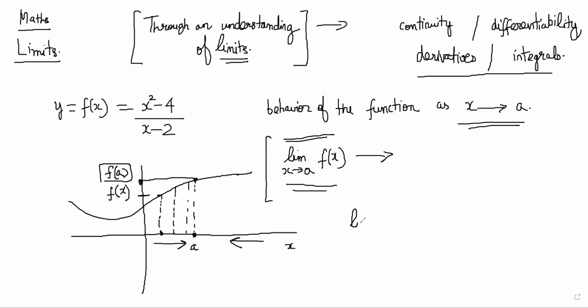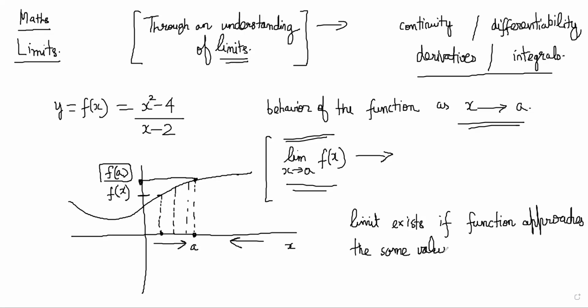So, limit exists if the function approaches the same value as x tends to A from both left and right sides.